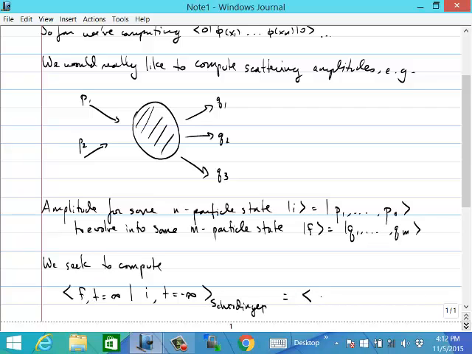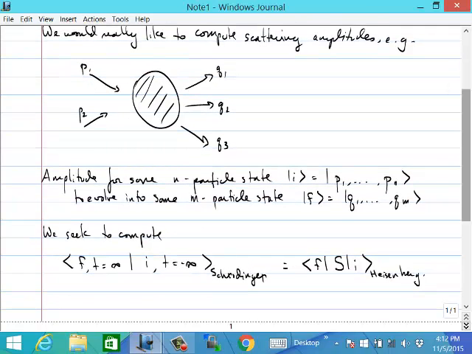And so then we would write this just as the matrix element of some operator that we could call S. And it's this matrix S, or this operator S, that encodes all of the amplitudes for different states to evolve into one another. And so this S is typically referred to as the S matrix. And to some extent, it is the basic object of interest if we're studying scattering theory in quantum field theory. S here stands for scattering, but usually people refer to it just as the S matrix rather than the scattering matrix.